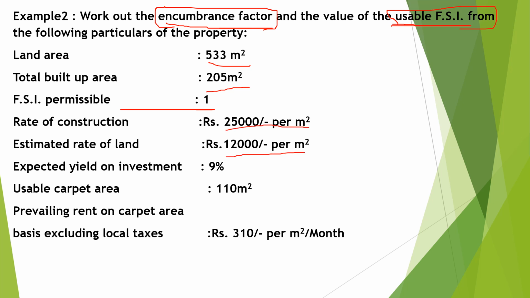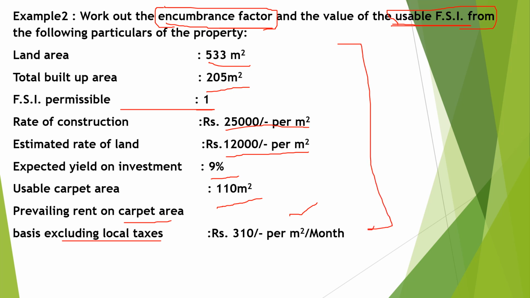Expected rate of land is 12,000 per square meter. Expected yield is 9%, and usable carpet area is 110 square meter. Prevailing rent on carpet area basis excluding local taxes is rupees 310 per square meter. So this data is given to you.